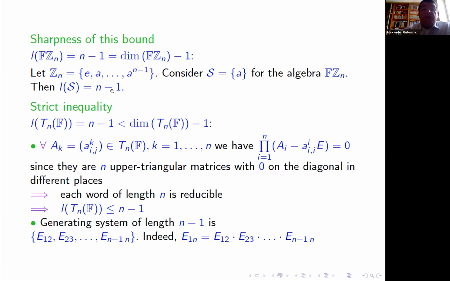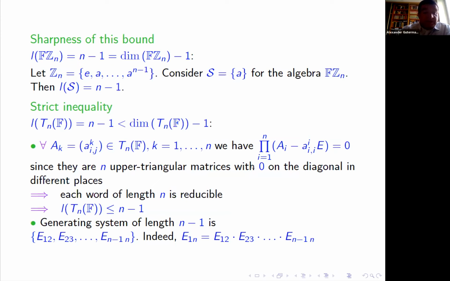Well, that inequality could be strict as well. We compute the length of the triangular matrix algebra, and it is equal to n-1, which is certainly less than the dimension of triangular matrices minus 1, which is a quadratic number.